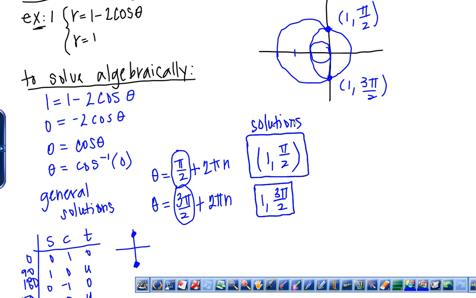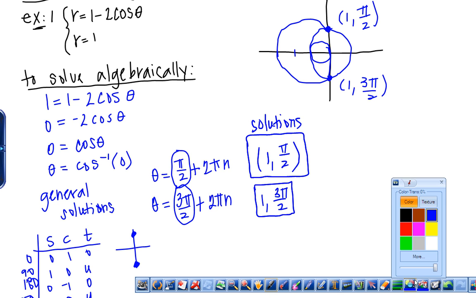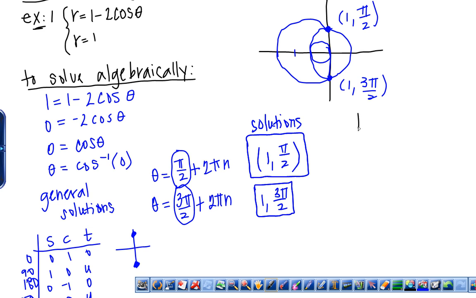Okay, now, one other thing that we need to find is another solution at the pole. Is there a solution at my pole? Now, these did intersect right here at the pole. We found graphically that these intersected at the pole, but we want to find algebraically if they did. So how you do this is you let r equal 0.